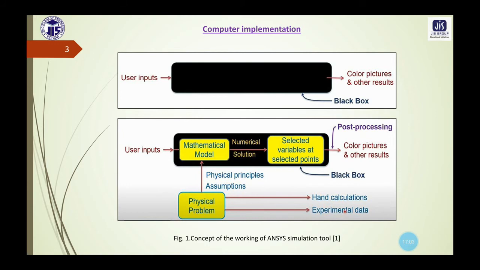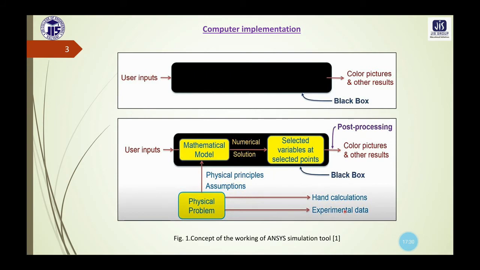We can do another thing: if experimental data is available for that physical problem, then we can also compare the result achieved through the simulation tool with the experimental data, which is the real life data actually. So in these two different ways we can validate the result obtained through this ANSYS simulation tool.